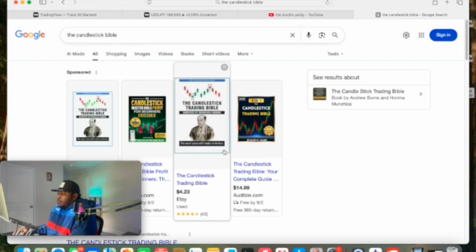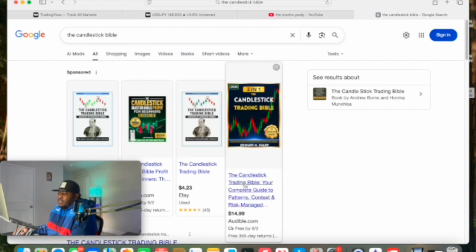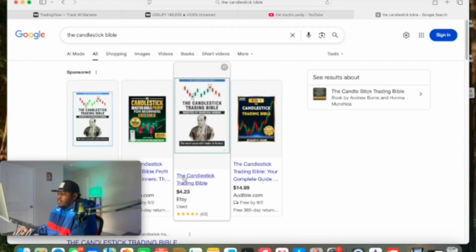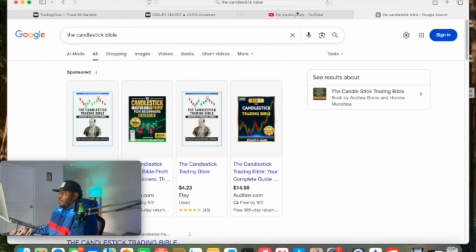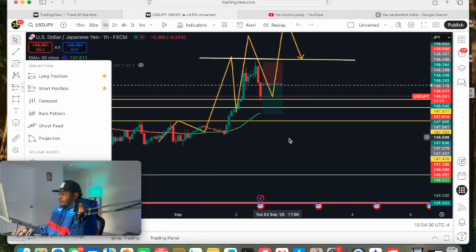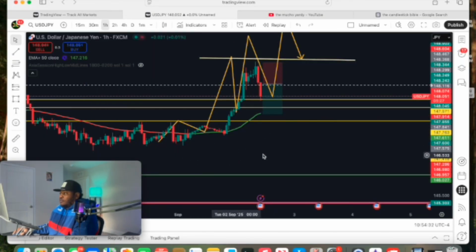I got it on Amazon, a solid book, maybe $15. I paid for this on Etsy. This is a used book, but yeah. So, okay, we're gonna close now. And then we're gonna check back in almost 11.